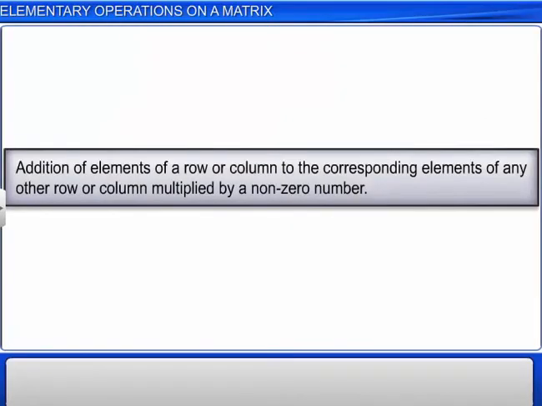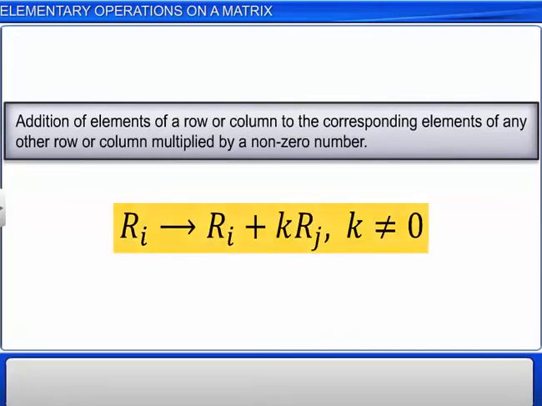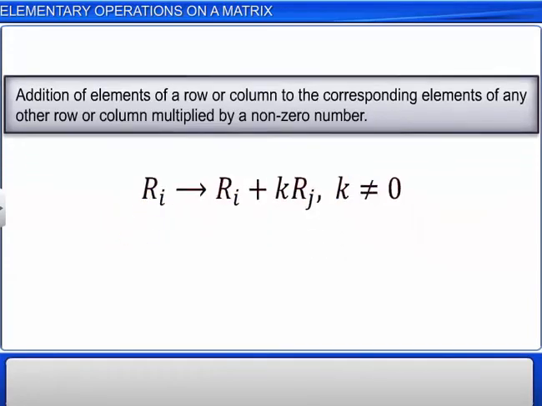Next, we will see how the elements of a row or a column are added to the corresponding elements of any other row or column multiplied by a non-zero number. Suppose we want to add the elements of the ith row to the corresponding elements of the jth row multiplied by a non-zero element, k. The operation is written as shown.